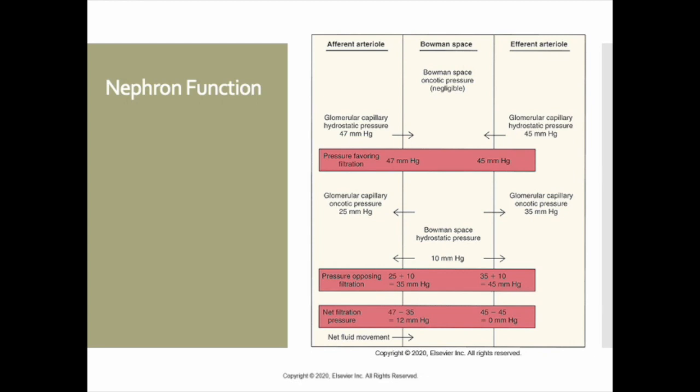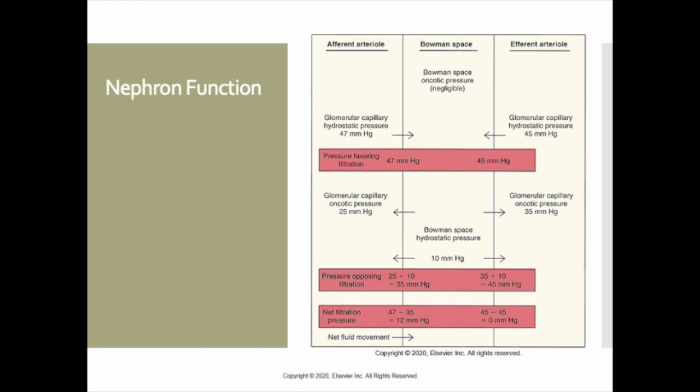Retrograde meaning it's going the opposite way of what we want it to do. It's going from below to higher. And this retrograde increase in hydrostatic pressure at the Bowman space, along with a decrease in our glomerular filtration rate, can occur.